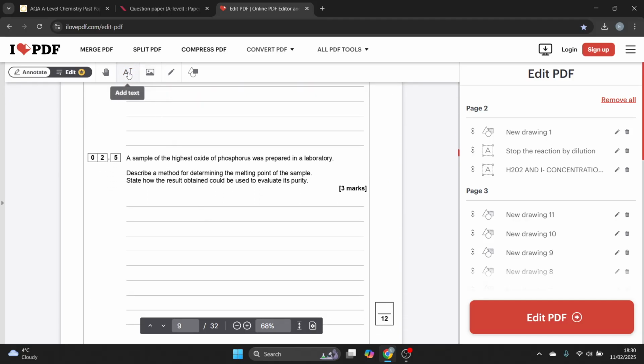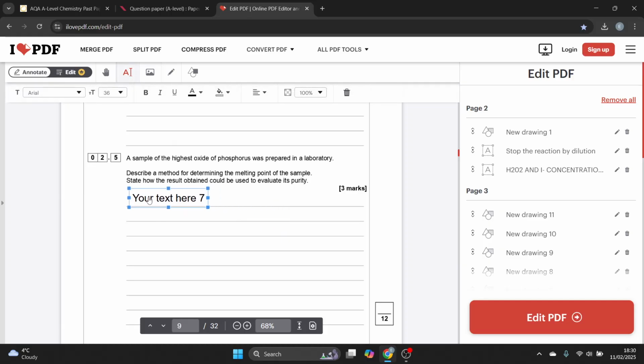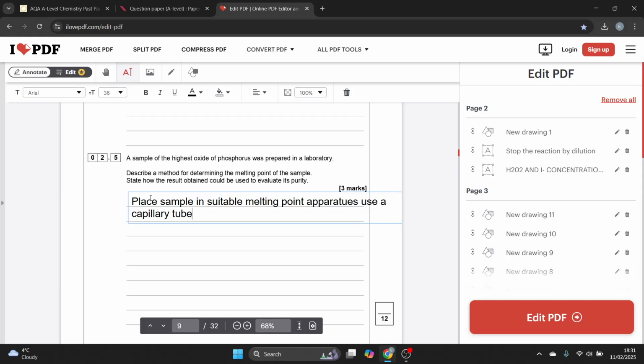Question 245. Describe a method for determining the melting point of a sample. The sample was prepared in a laboratory. State how the result is used to evaluate its purity. Place the sample in suitable melting point apparatus. Use a capillary tube.